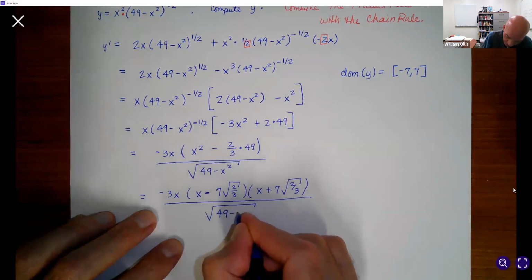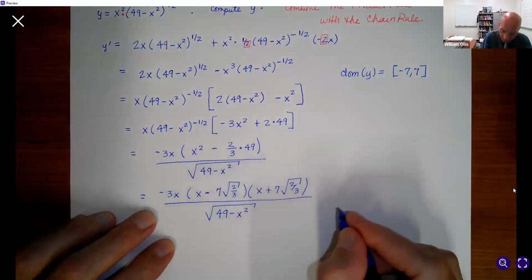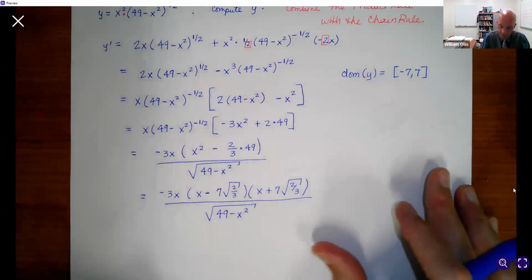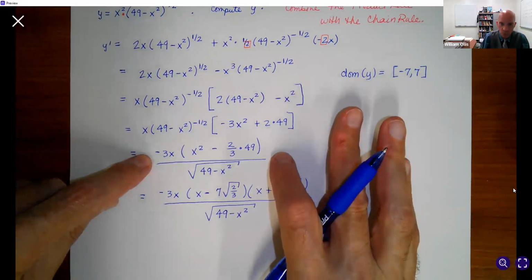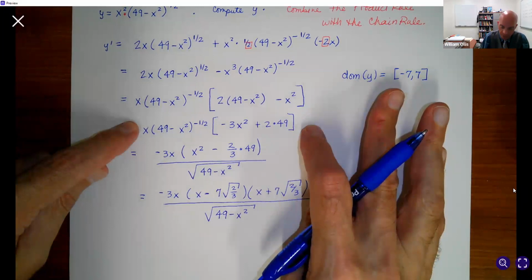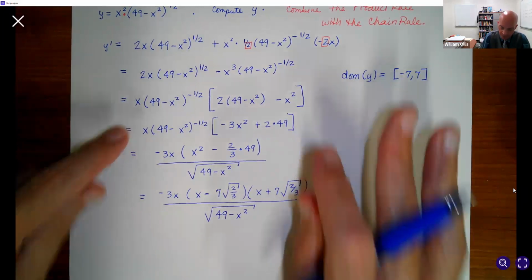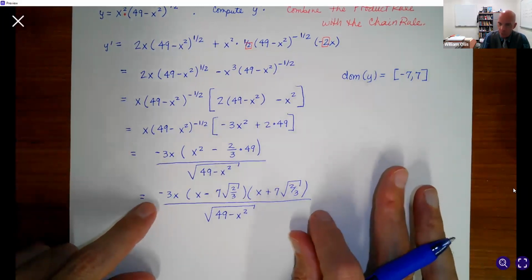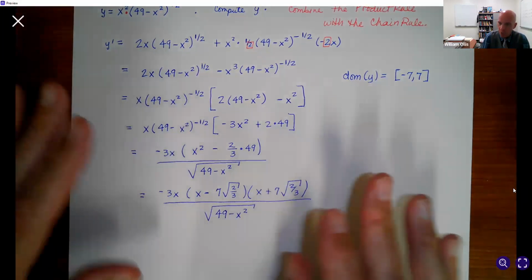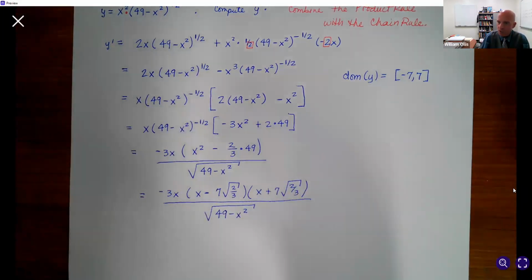So now what we're seeing, all of these are derivatives. Again, this would be a good form to write. It's fairly reduced. This is the form we're looking at when we're trying to find horizontal tangents and maybe infinite slopes.